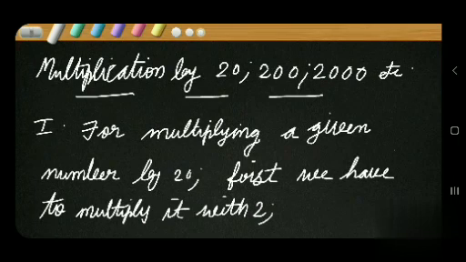Then what we have to do? Then put 1 zero on the right side of this product. The answer of a multiplication is known as the product, isn't it?